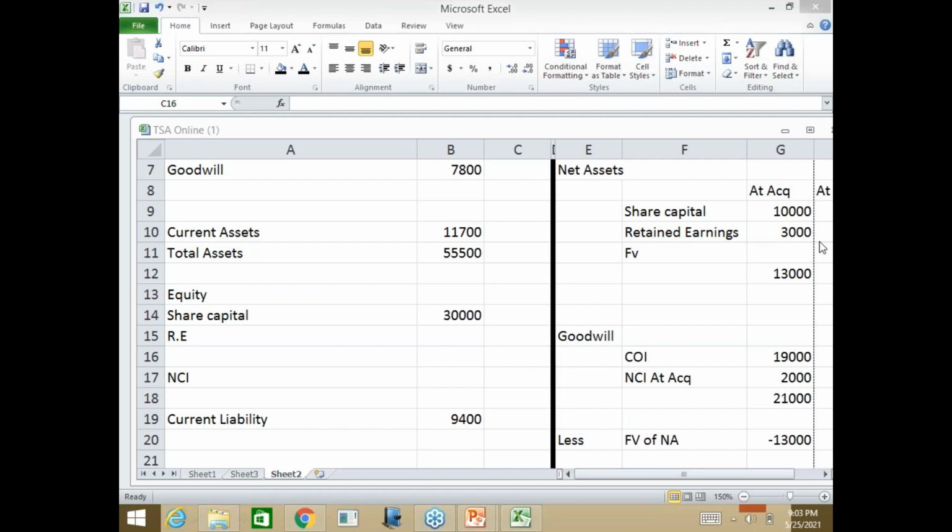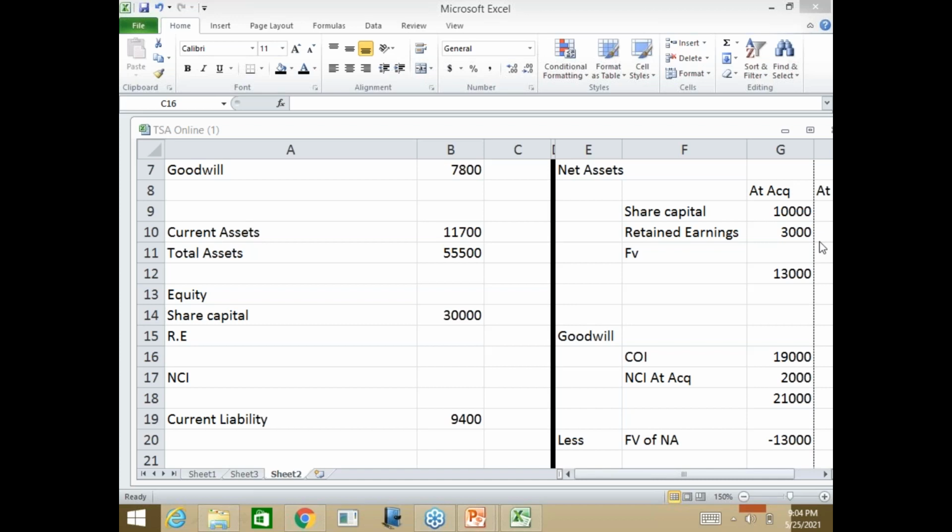And this question like the last one, why was the goodwill not apportioned? We never apportion the goodwill in the fair value approach, or even in the proportionate approach. We never apportion goodwill.